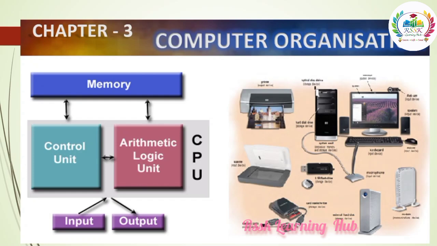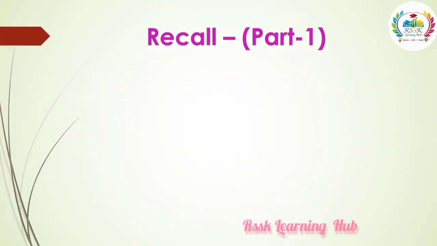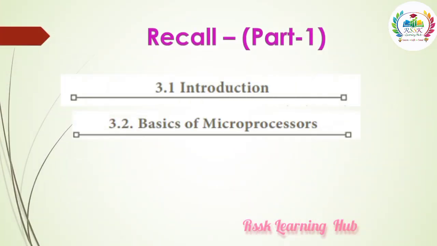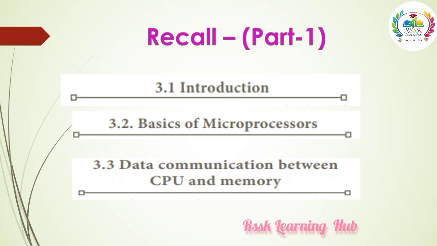Right. So let us make a small recap of the part 1 session. We saw the introduction and basics of the microprocessor. Then clock speed. It is measured in two categories: one is megahertz, another one is gigahertz. Then we learned what an instruction set is.